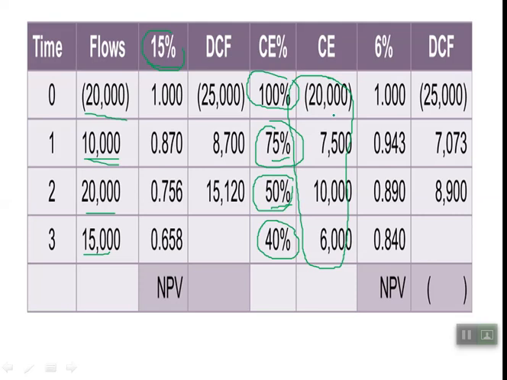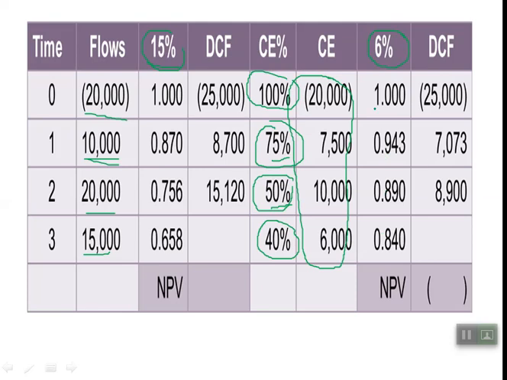Of certainty. Now, once you finish adjusting for certainty equivalent, then when you are discounting, you are supposed to use a risk-free rate. So you can look at this at 6%. Period 0 it is this. Period 1 it is this. Period 2, period 3.